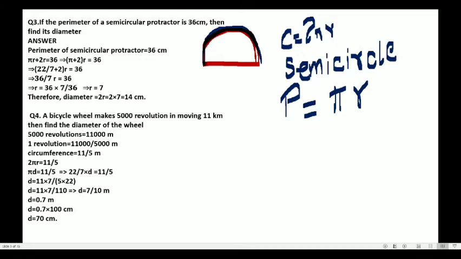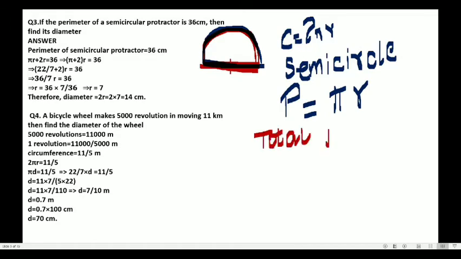Now I am also taking the diameter, because it is a semicircle. Somewhere it has the center also. This is the center. So center to boundary is the radius. Double of the radius becomes the diameter. So total perimeter of the protector is what? This will be pi r plus 2r. 2r is double of the radius, or the diameter.